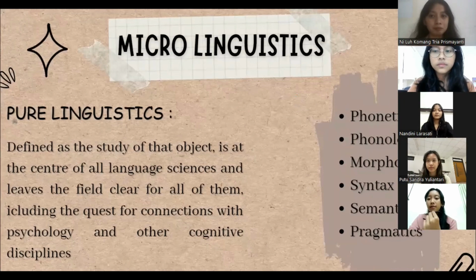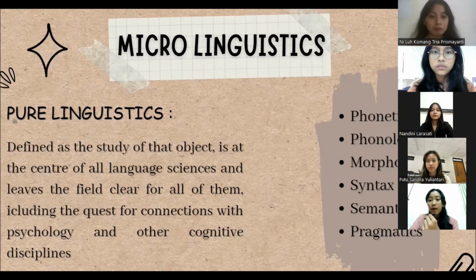Okay, I will continue the explanation about microlinguistics. So, microlinguistics is the linguistics that studies more narrowly than macrolinguistics. Microlinguistics includes pure linguistics. So, what is pure linguistics? Pure linguistics is defined as the study of the object that is at the center of all language science and leaves the field clear for all of them, including the quest for connection with psychology and other cognitive disciplines.